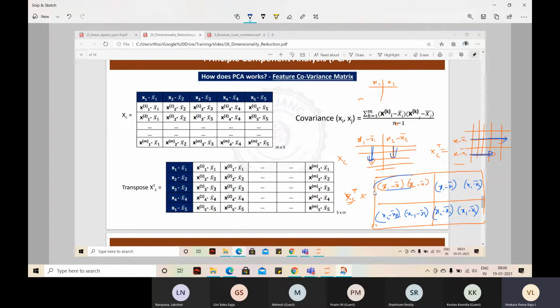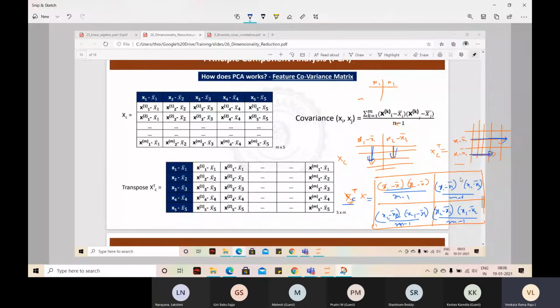So these diagonal values are going to be covariance between the same columns. Why am I saying covariance? If you divide this whole XC transpose X matrix by M minus 1, whether you do this division or not, it doesn't matter. Do you agree?